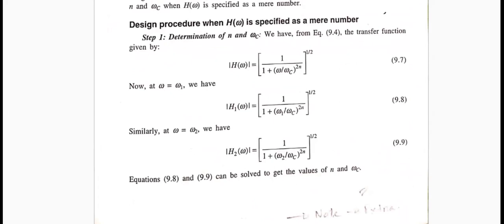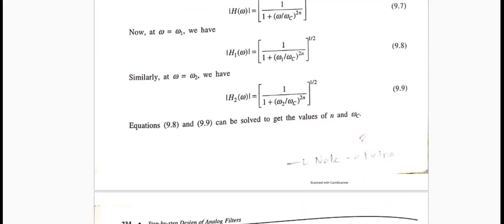As you can remember, in the case of the Butterworth filter, omega c hasn't been given in the problem statement, so we need to find omega c based on the other information. So we have done up to this.